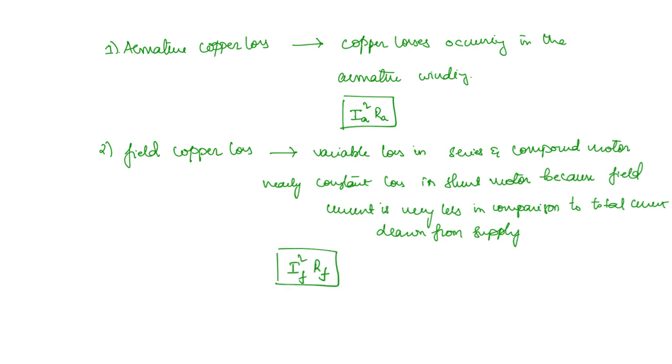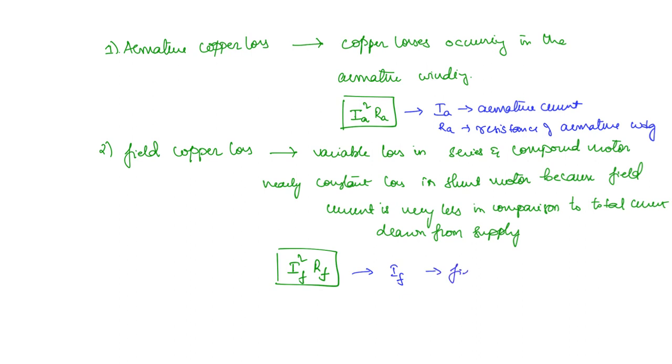So you can write this down just in case you get confused. IA is the armature current, RA is the resistance of armature winding. Similarly, IF is the field current and RF is the resistance of field winding.